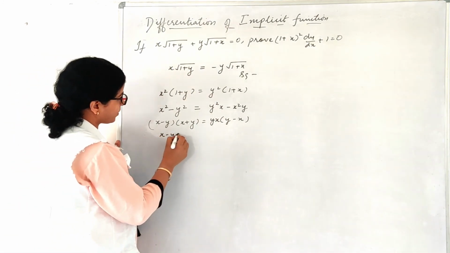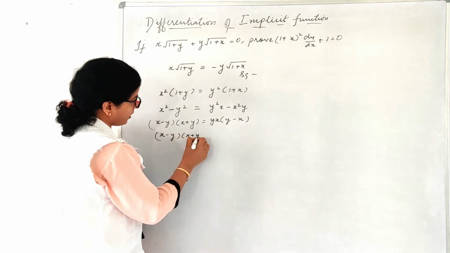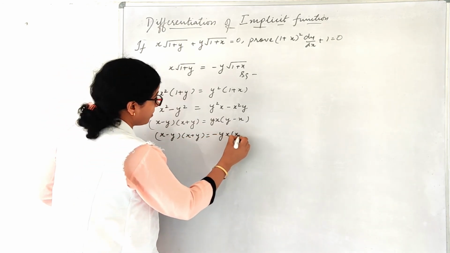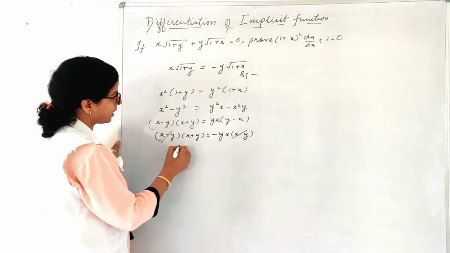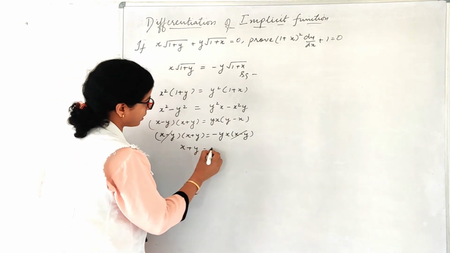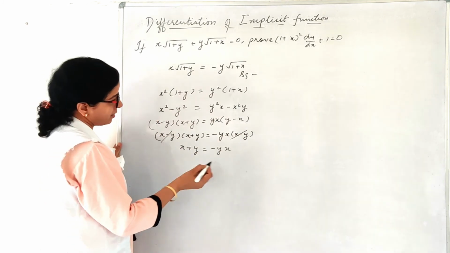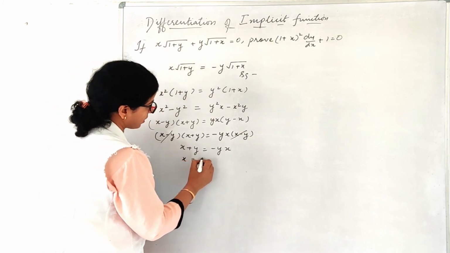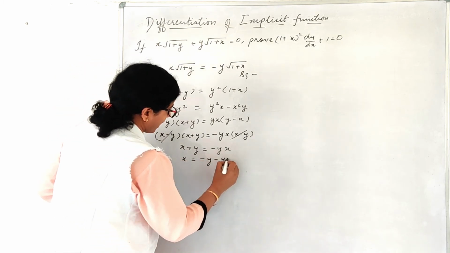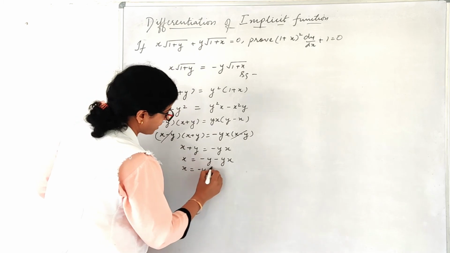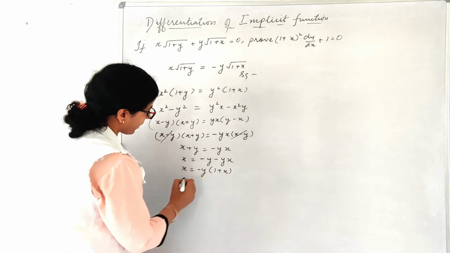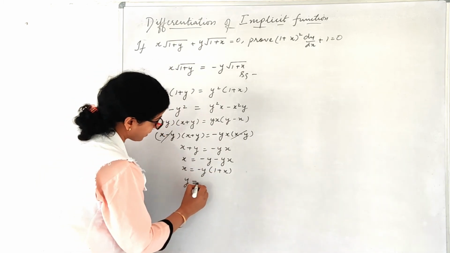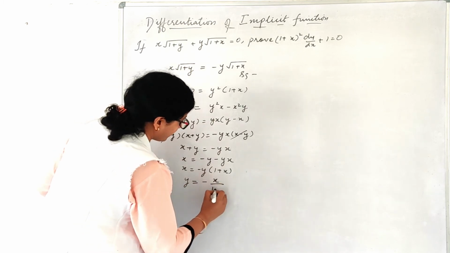I can write x minus y, x plus y. If I take out the minus sign common, it will become x minus y, right? I can cancel this part. So x plus y is equal to minus yx. I can change this part as x is equal to minus y minus yx. I can take y out common, so 1 plus x. So now I can write y in terms of x as minus x upon 1 plus x.